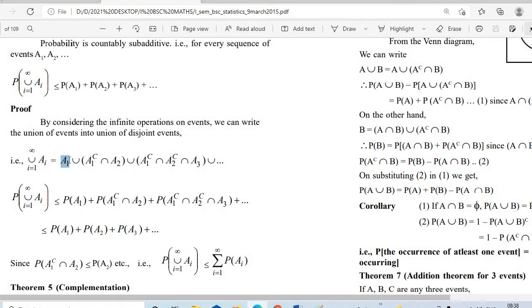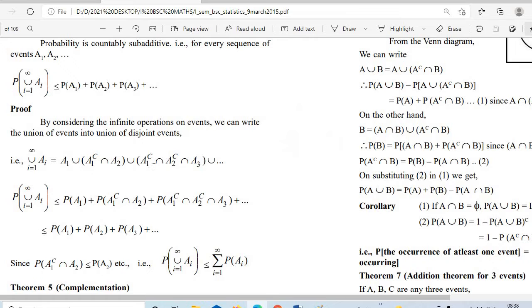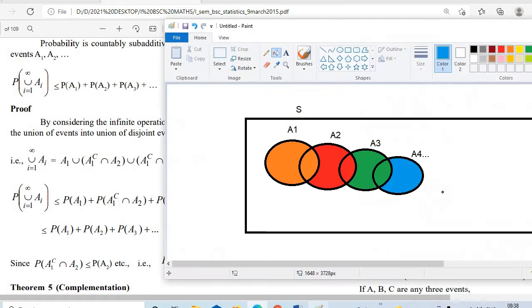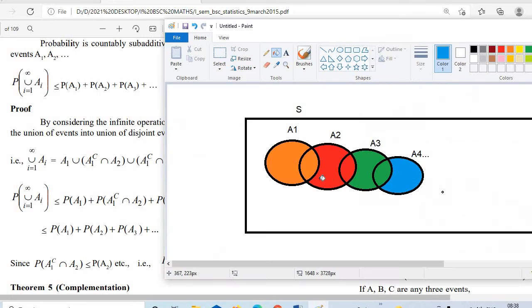A1 union A1 complement intersection A2, that is the red region. Then A1 complement A2 complement intersection A3, that is green region, etc. Okay, you can see that these regions are disjoint, the different colored regions are disjoint.